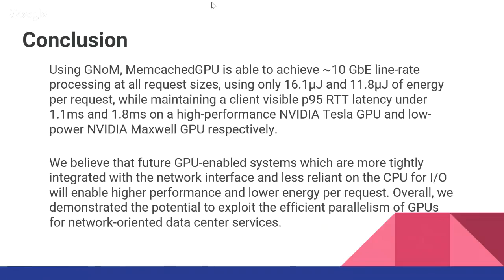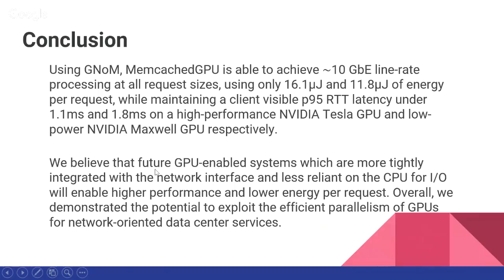The conclusion of our presentation is that using the GNoM software architecture, memory cache GPU is able to achieve 10 gigabit line rate processing at all request sizes, using only 16.1 microjoules and a latency of 1.1 milliseconds on a high performance NVIDIA Tesla GPU.